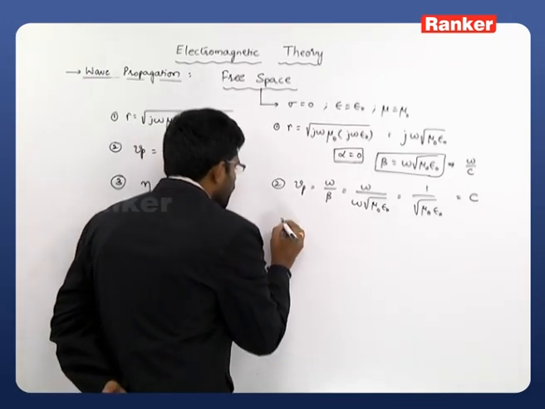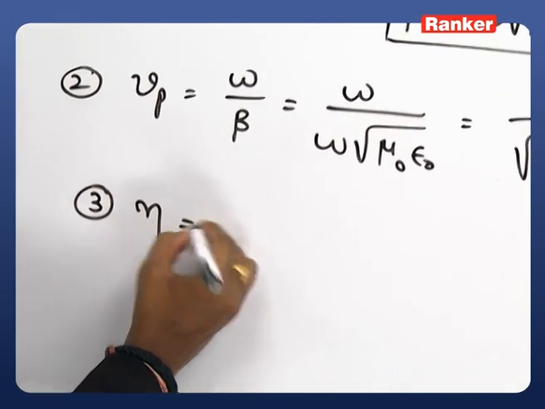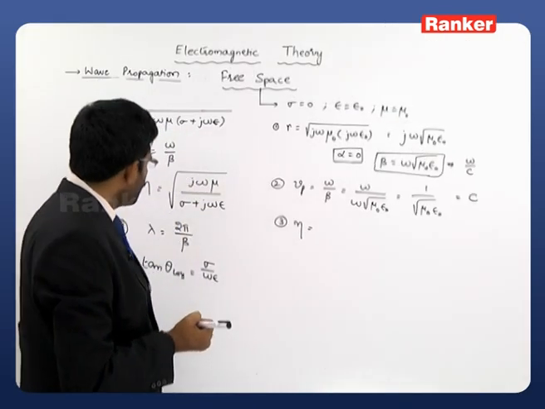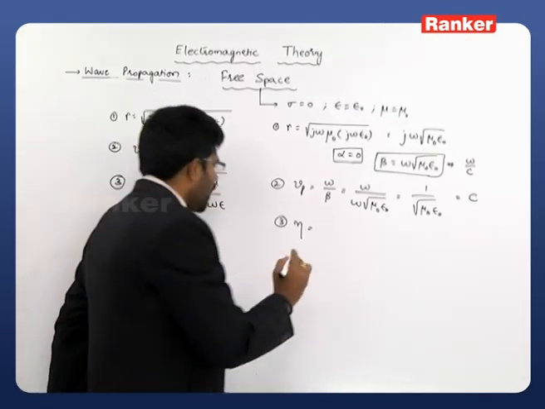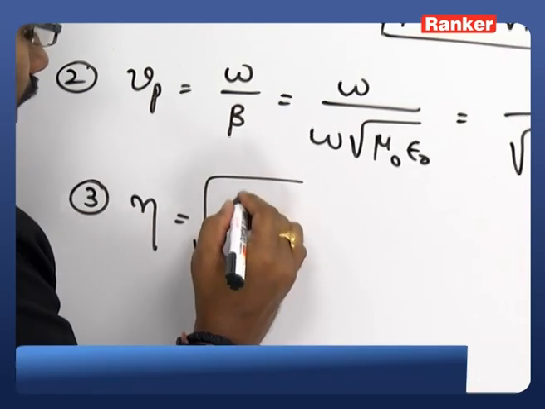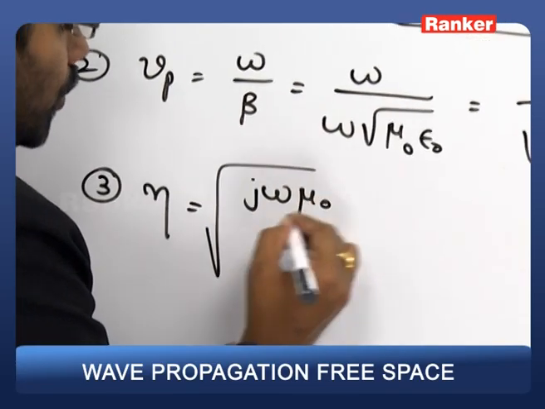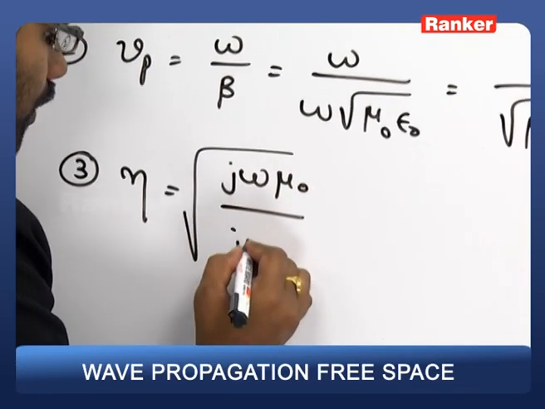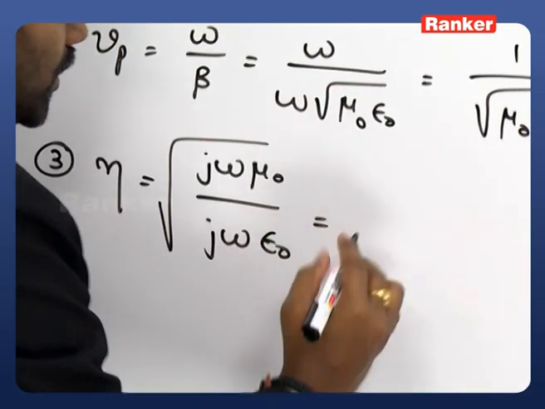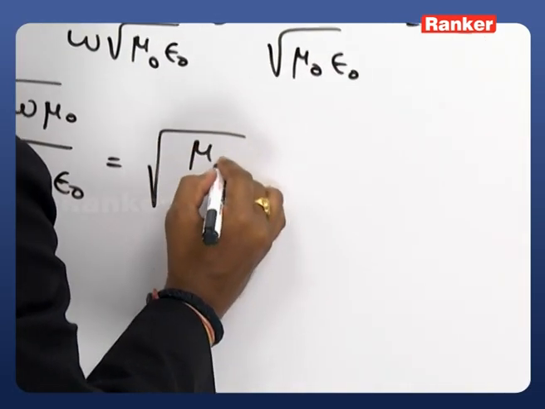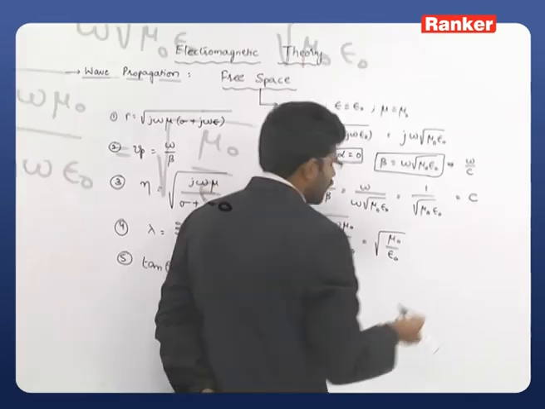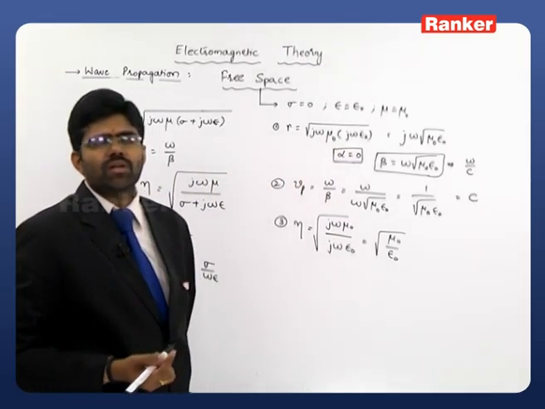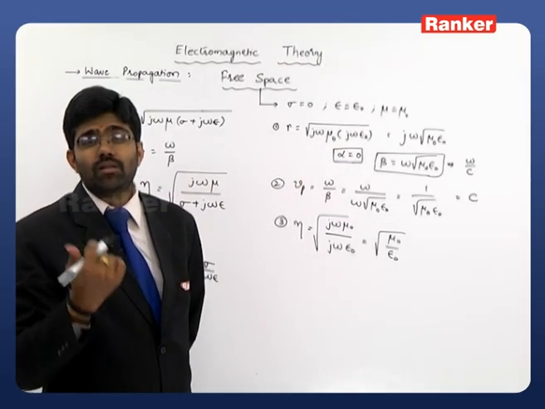And the third one, intrinsic impedance of free space, which is equal to under root j omega mu naught divided by sigma plus j omega epsilon naught, with sigma equal to 0, which is equal to under root mu naught by epsilon naught. If you substitute the mu naught and epsilon naught values, you will get a constant.